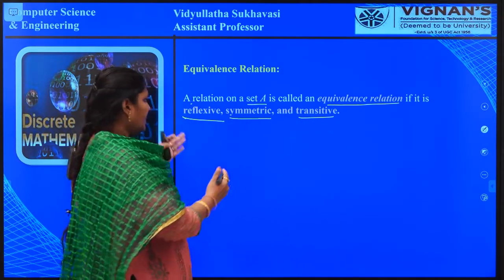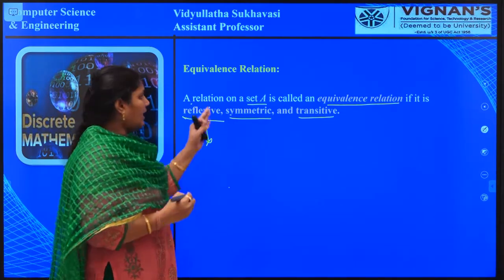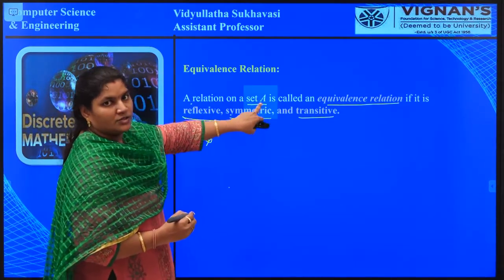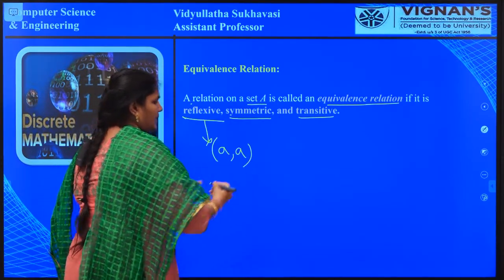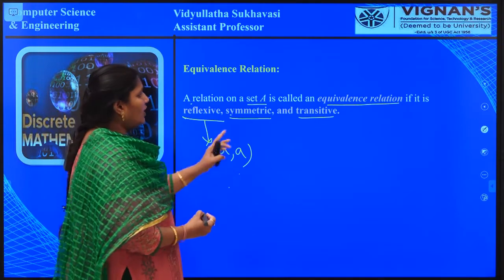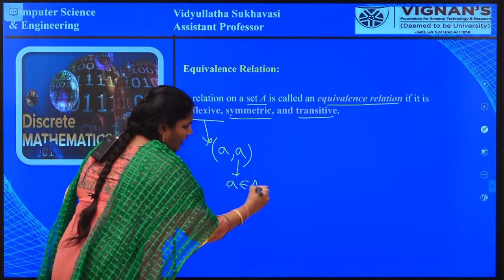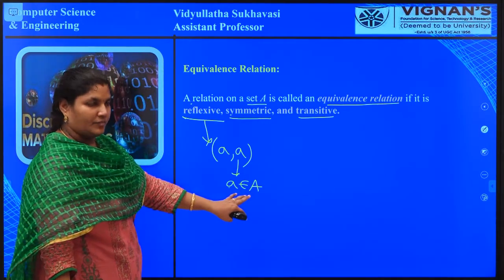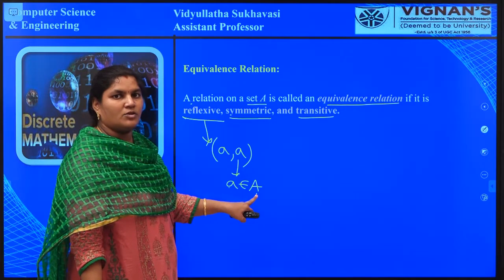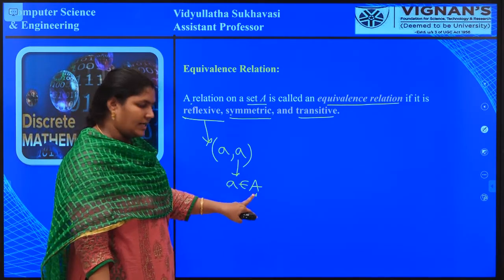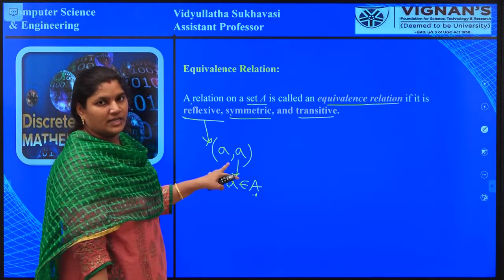So here reflexive means the elements which are in A should satisfy the reflexive form, that is A comma A, for all elements of the set A. So whatever elements we have in set A, for all those elements we need to check whether this form is there or not.